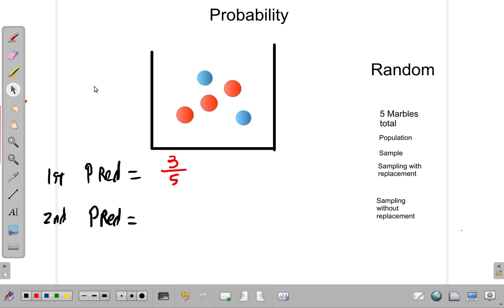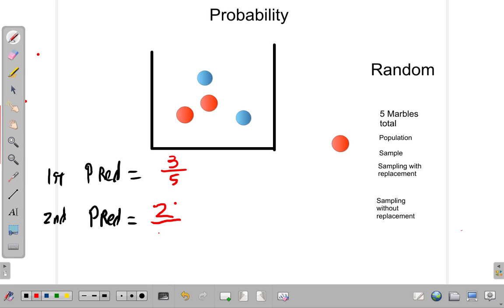Now the fact is, you took this and put it outside. What's the probability that you pick a red on the second pick? You randomly pick a red the second time. So let's see now. What you have are 2 red marbles, divided by, it's not divided by 5. The total number of marbles in the box is 4.